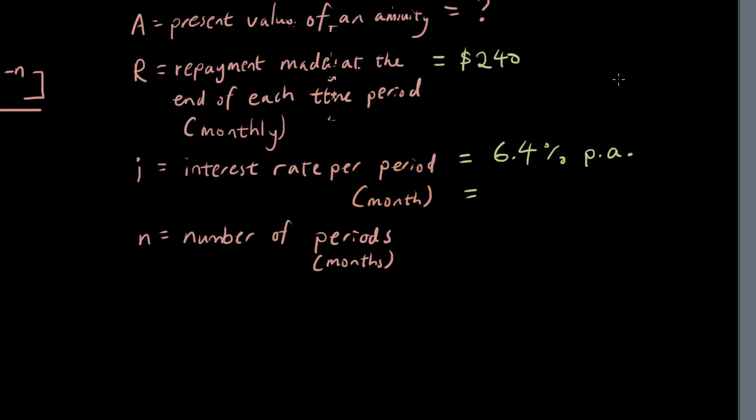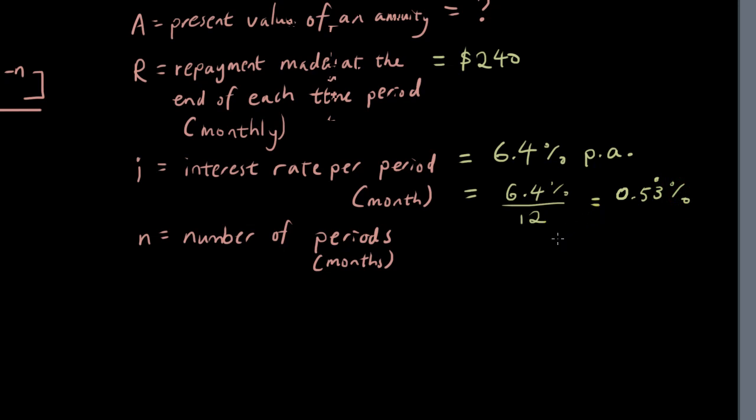So how do you go from yearly to monthly? You would divide that by 12. So you would go 6.4% divided by 12 is 0.53 recurring percent, but we also want it as a decimal.